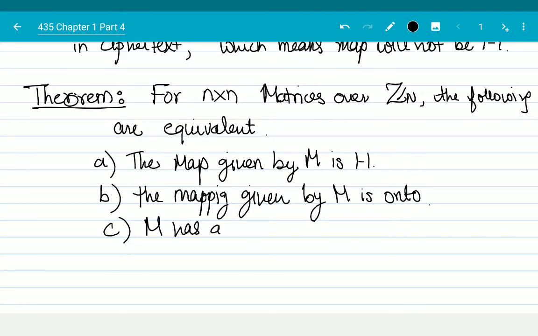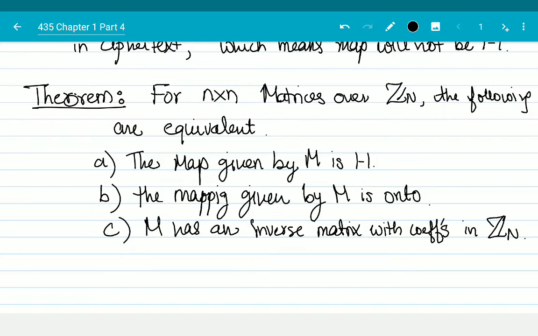C, M has an inverse matrix with coefficients in Zn, and D, the determinant of M is in Zn star. So the determinant is invertible. Okay.